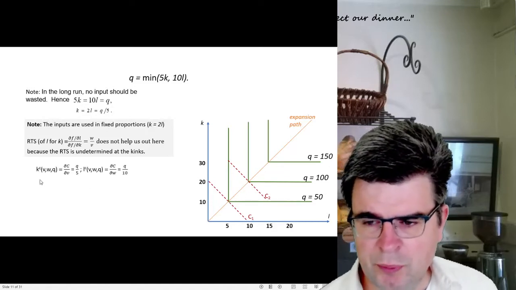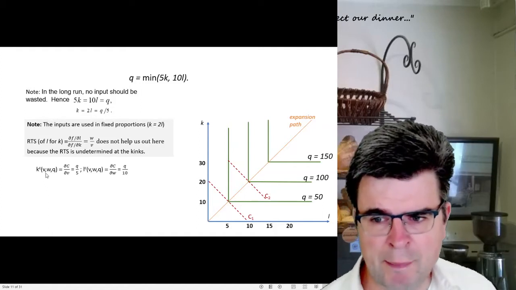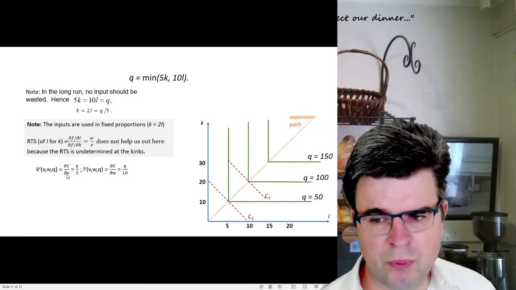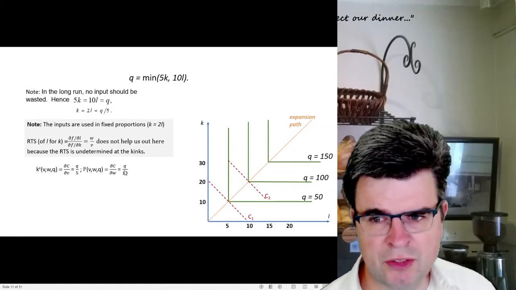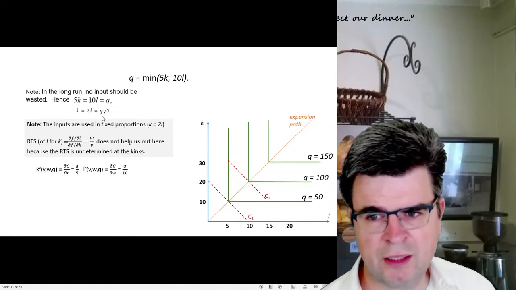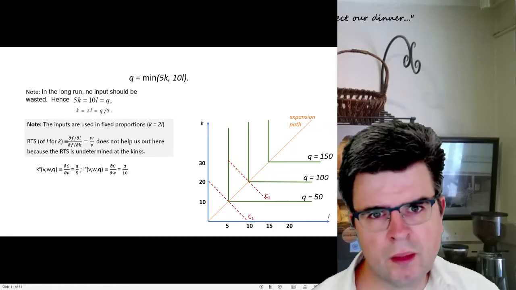So what we simply have, as said, is the contingent demand for capital, which is the derivative of the cost function with respect to the cost of capital, which is Q over 5. And for labor, the contingent demand is Q over 10. And that's exactly the expression that we have over here.